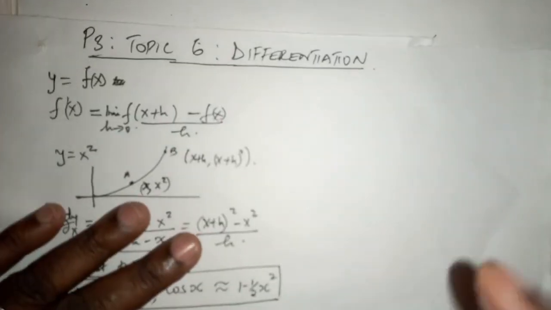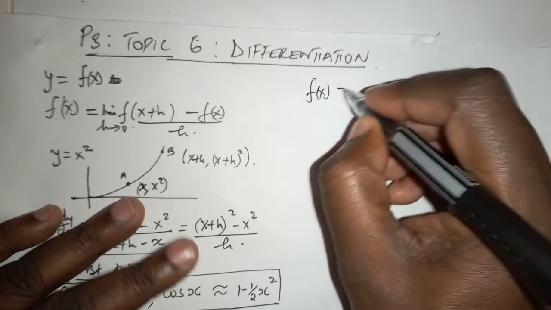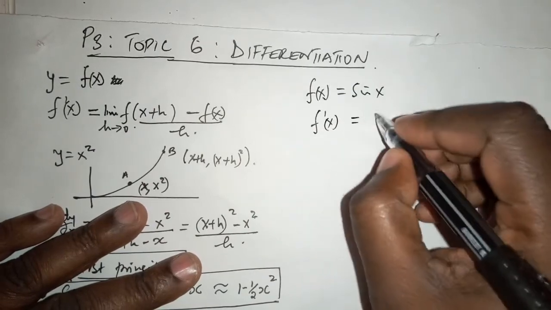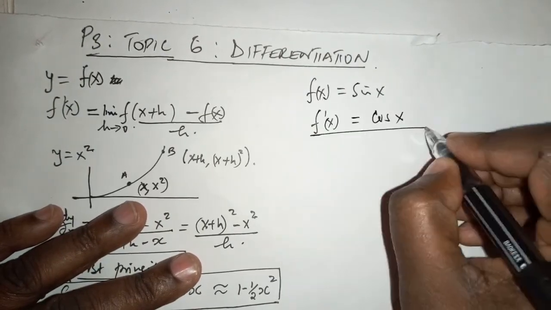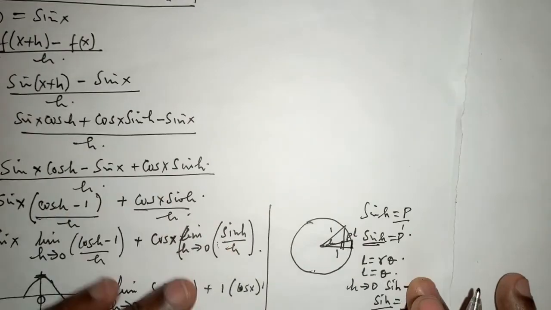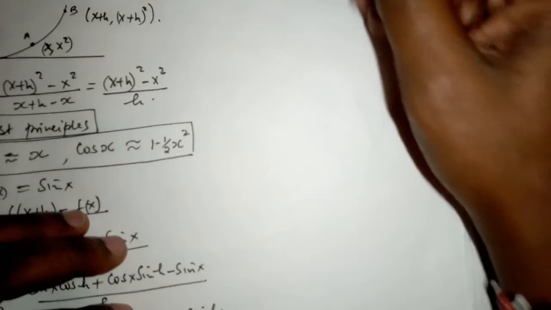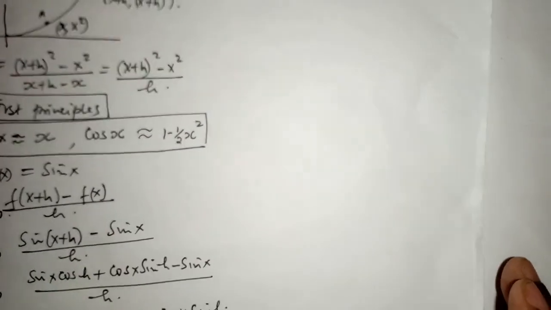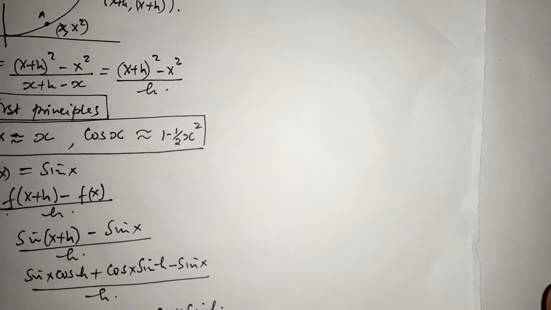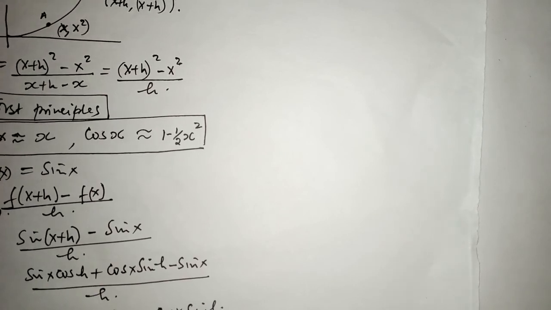When f of x is equal to sine x, then f prime of x is equal to the cosine of x. And that has been proven there. That is exactly what we wanted to show in the first example, example number 1.